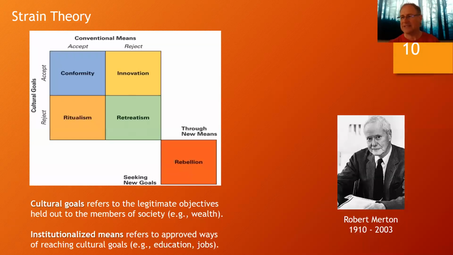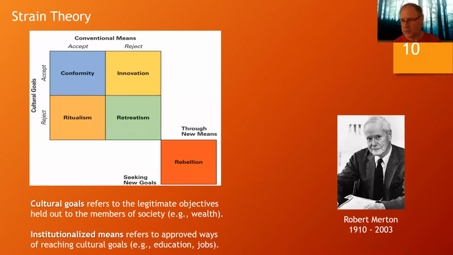the institutionalized means. Let's define those two terms. Cultural goals refers to the legitimate objectives held out to members of society, like wealth. Institutionalized means refers to approved ways of reaching cultural goals.